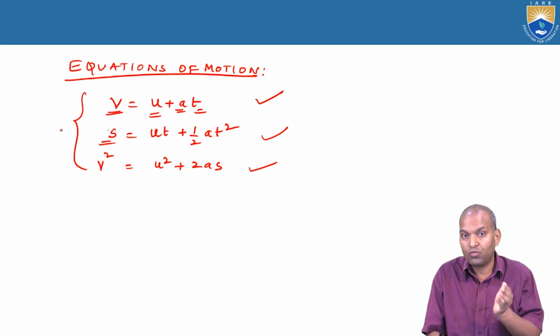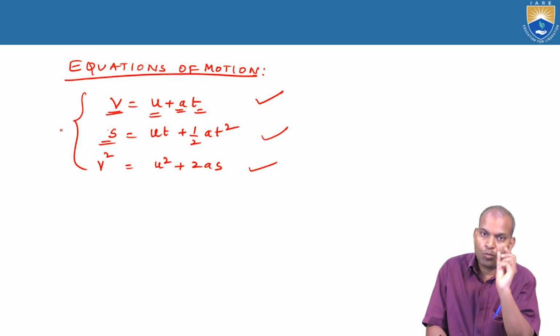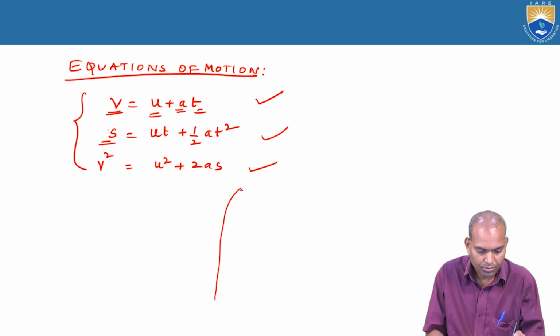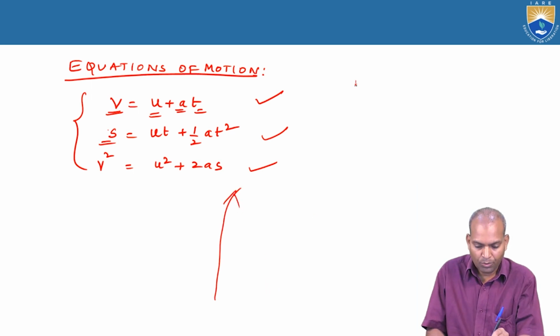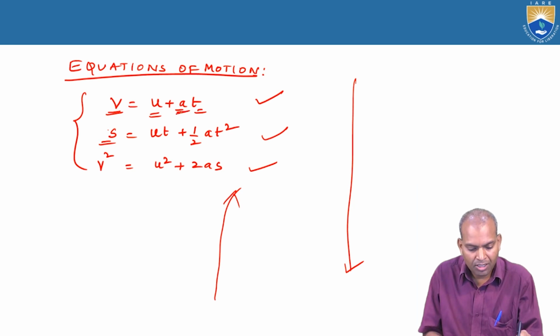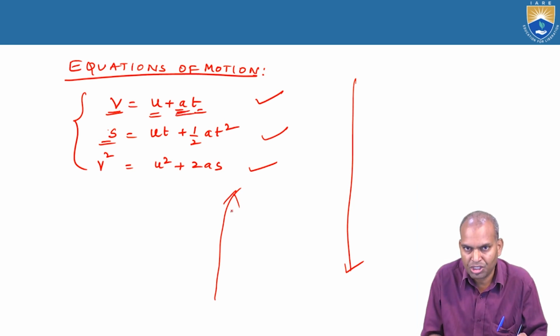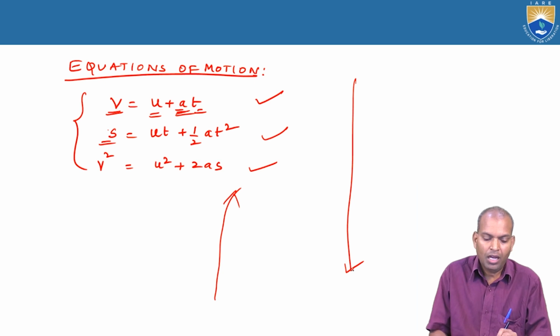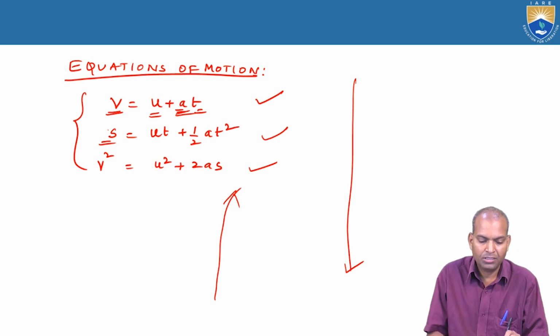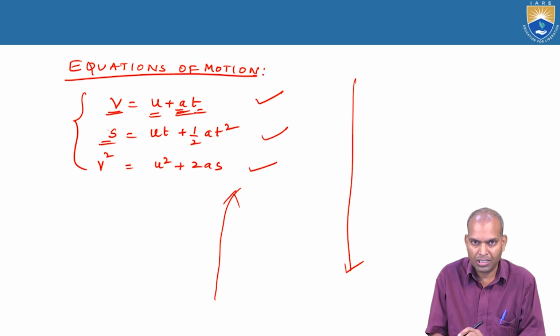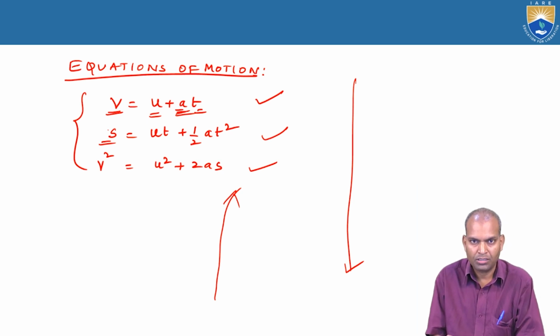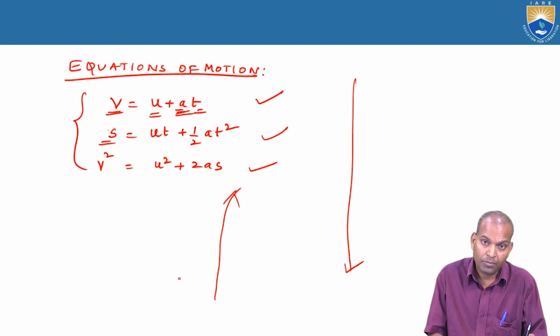If the body is thrown vertically upward or downward, this acceleration becomes gravitational acceleration. Now, what are the equations of motion for gravitational acceleration, and how to apply them? That is going to be solved in the next session.